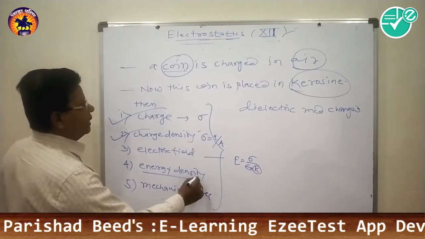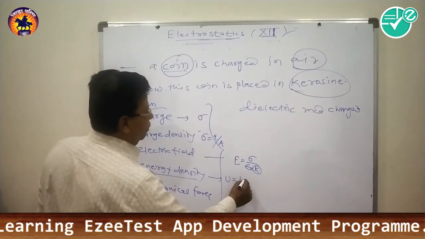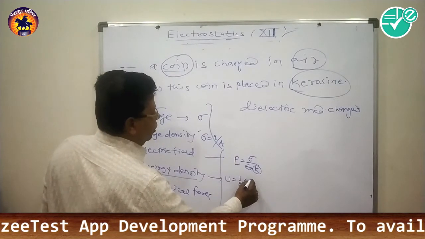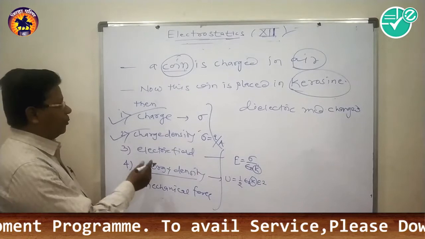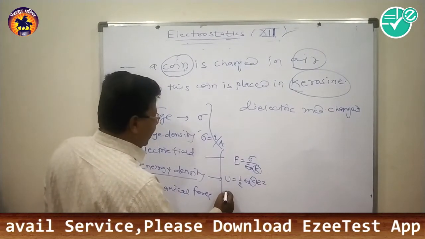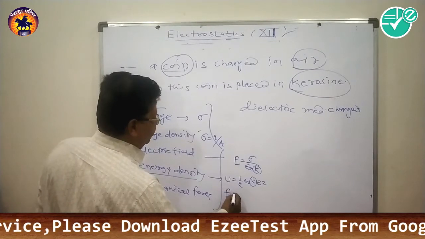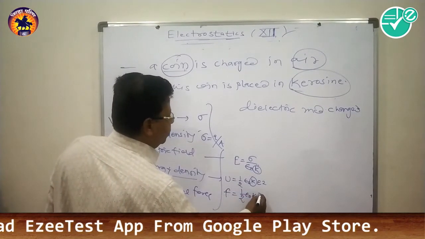Similarly, energy density, the formula is U equal to 1 by 2 epsilon 0 K E square. Again here the term is K. Therefore energy density also changes. And again the mechanical force per unit area, the formula is small f equal to 1 by 2 epsilon 0 K E square.